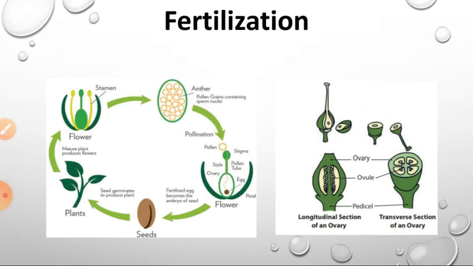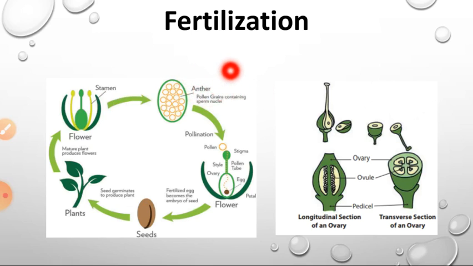Here you can see clearly the first one, the flower. In this flower, this is called the stamen. The stamen is the male part of the flower. In it we have the anther.